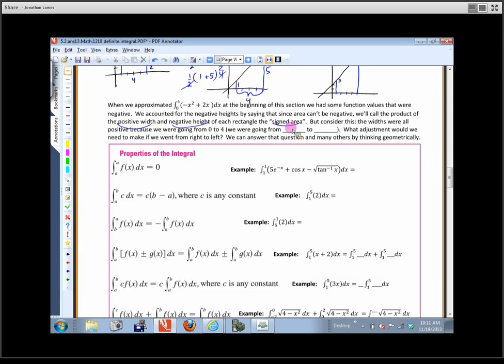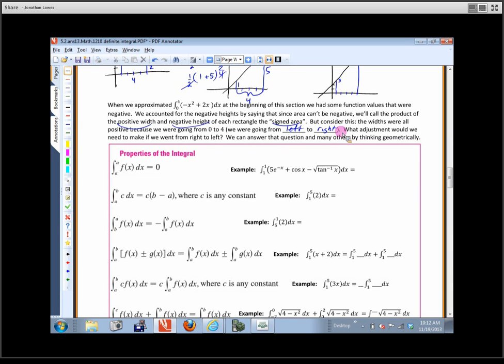But think about this. The widths were positive because we were going from 0 to 4. We were moving in the positive direction. We were going from left to right. Well, what would happen if we just changed the direction and we said, you know what? Instead of adding up these rectangular areas going from left to right, going in a positive direction, what would happen if we switched and we went from right to left? We went in a negative direction. What would the widths be then?